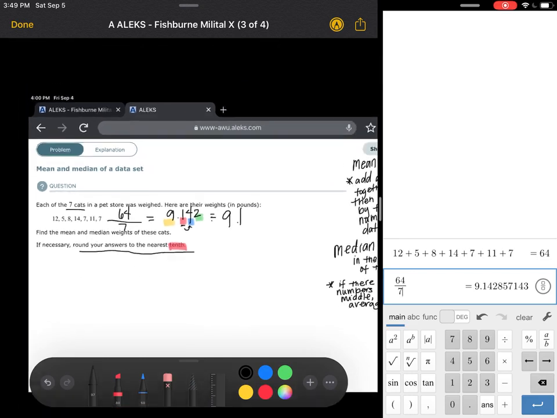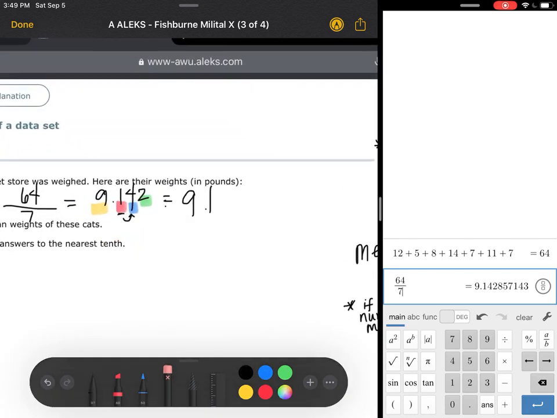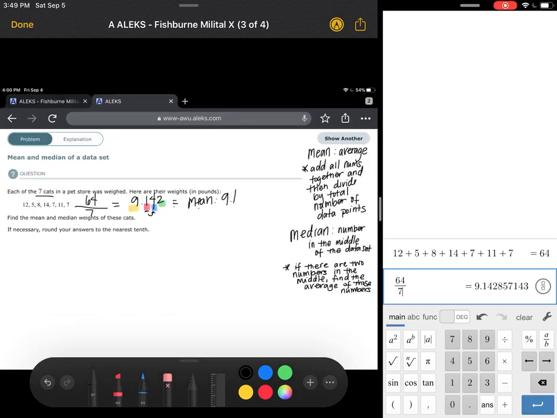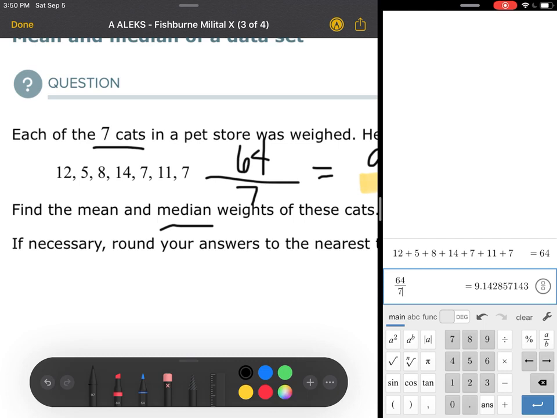So the mean of all the numbers that I have here, let me erase some of this, is 9.1.